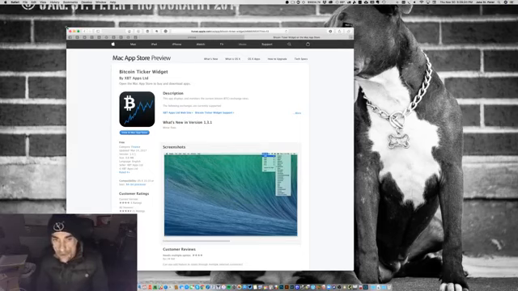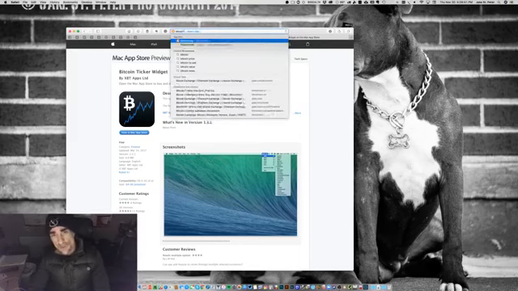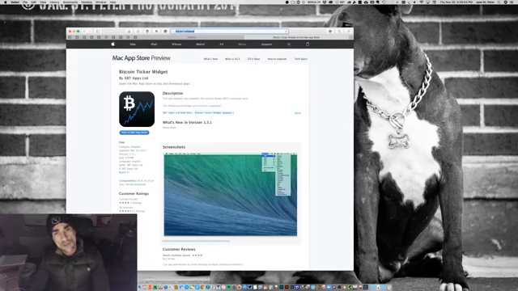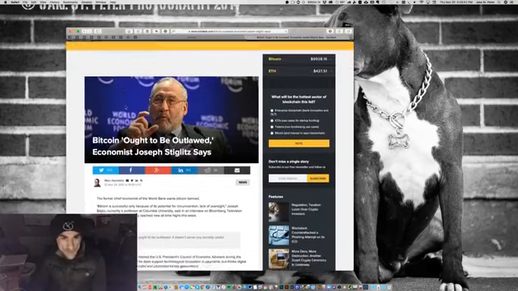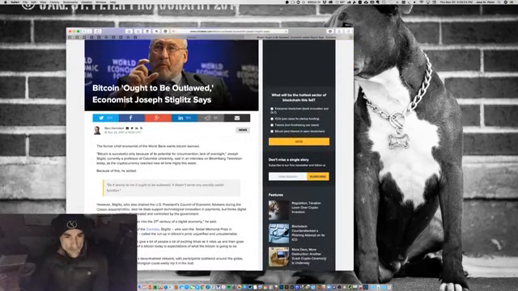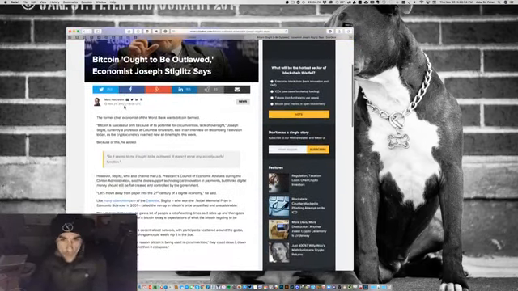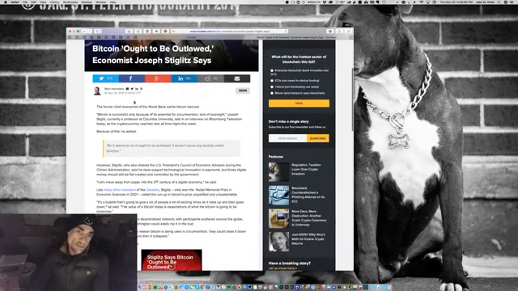So, a couple of people yesterday sent me some articles saying that Bitcoin should be outlawed. This guy here, Joseph Stiglitz, who's an economist, the former chief economist of the World Bank, he wants Bitcoin banned. He says that Bitcoin is successful only because of its potential for circumvention and lack of oversight.